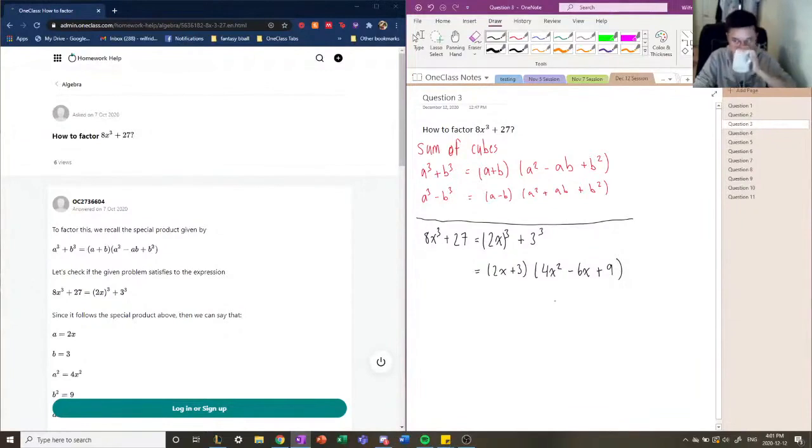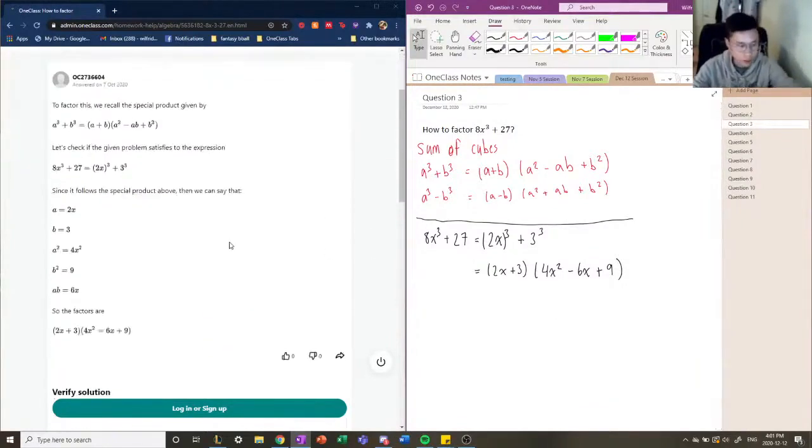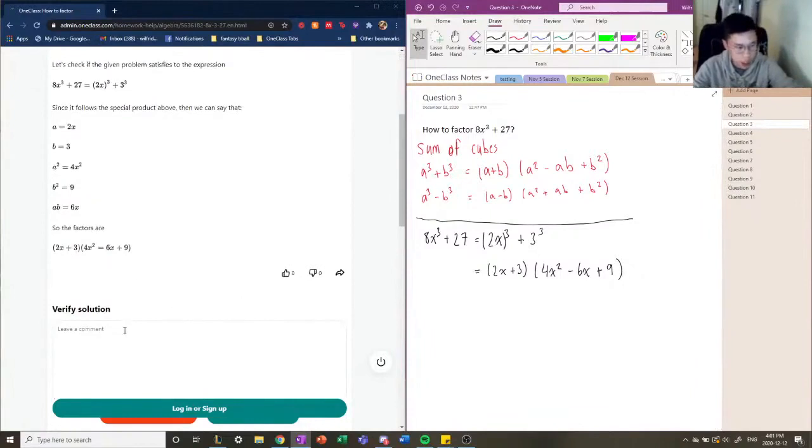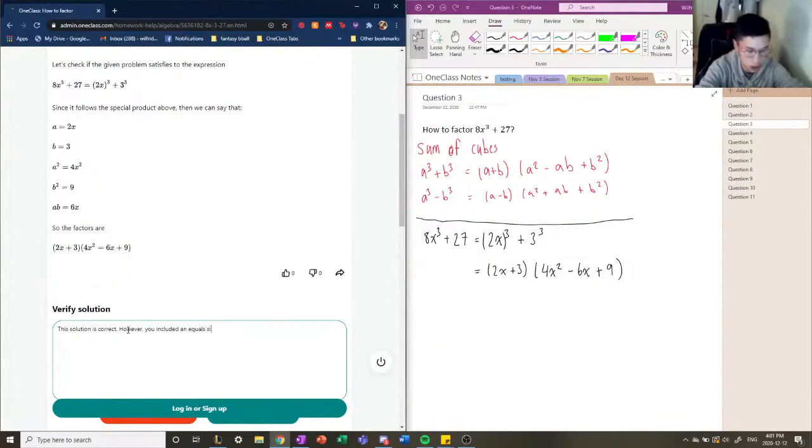Okay. So this solution is correct. You included an equals sign instead of the addition operator.